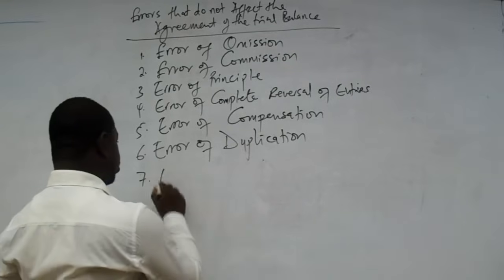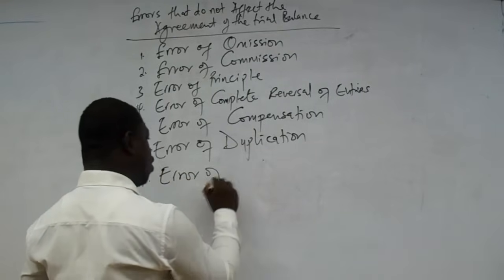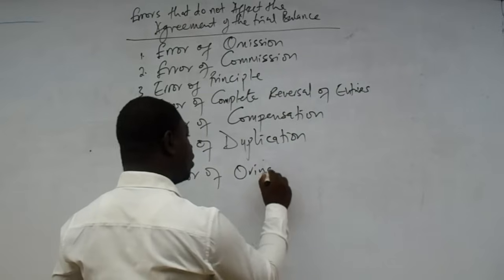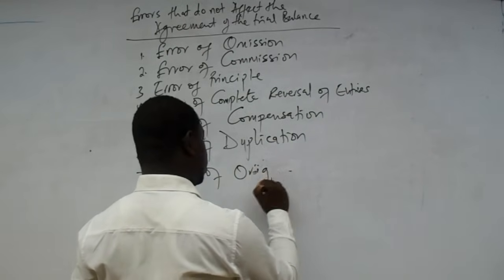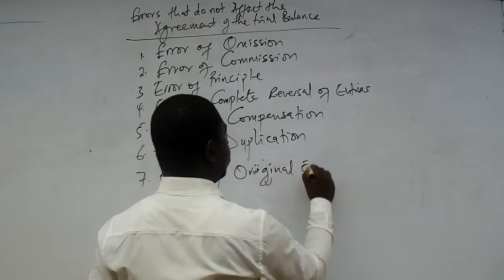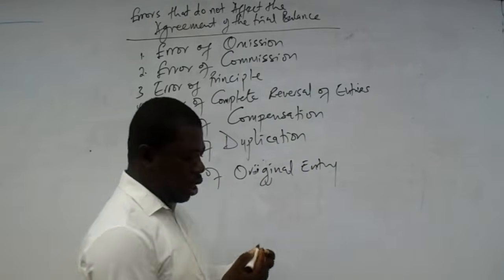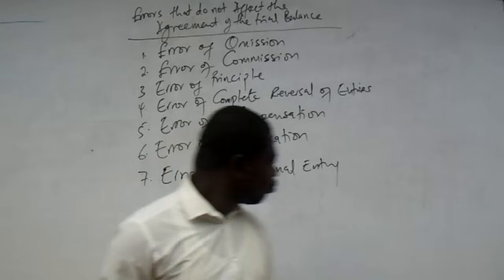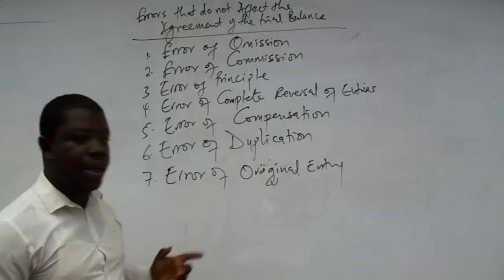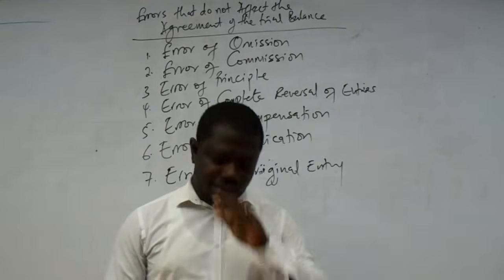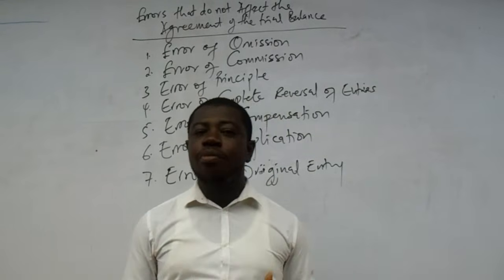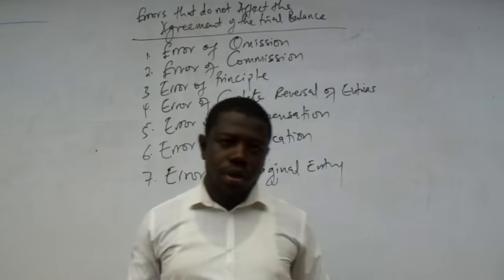And then finally, we want to talk about the error of original entry. Error of original entry. Now, looking at the name, it suggests that it's coming from the books of original entry.